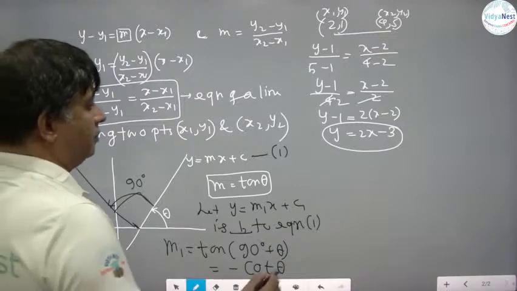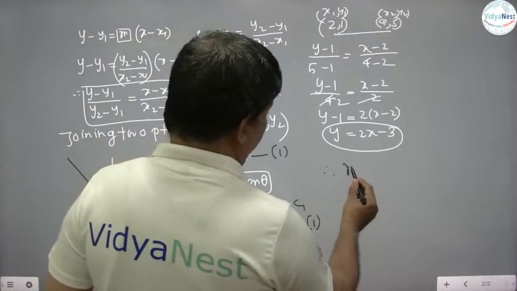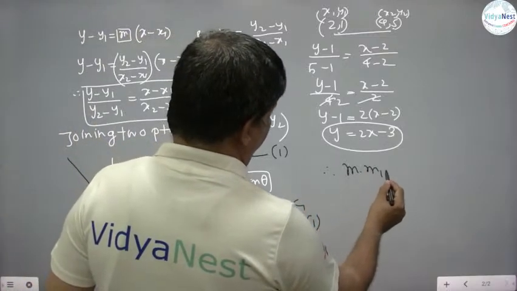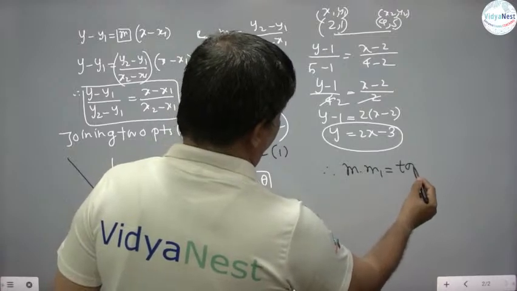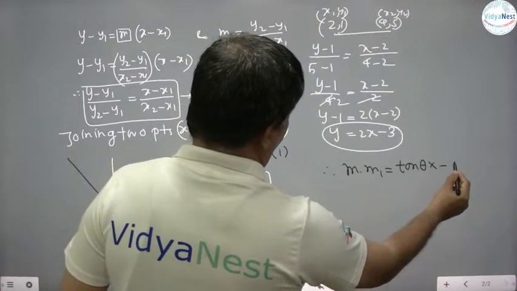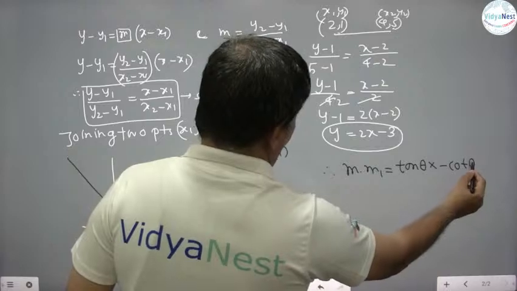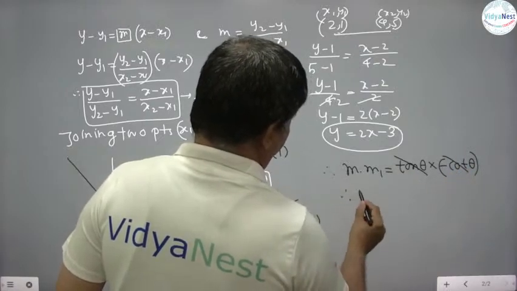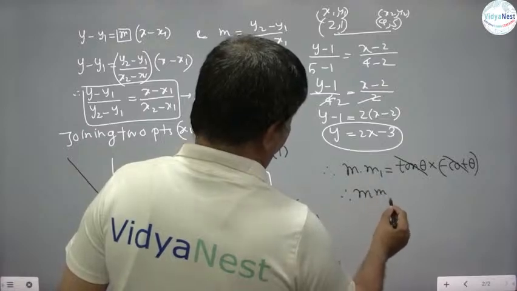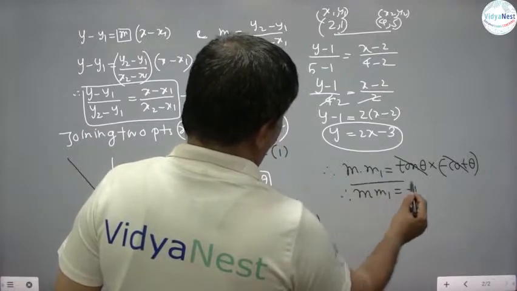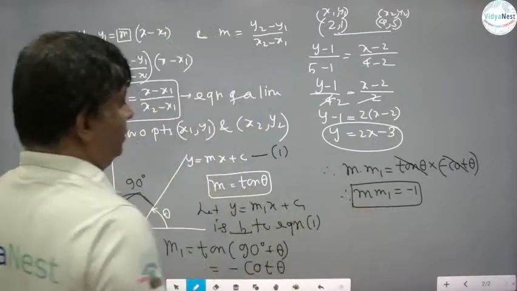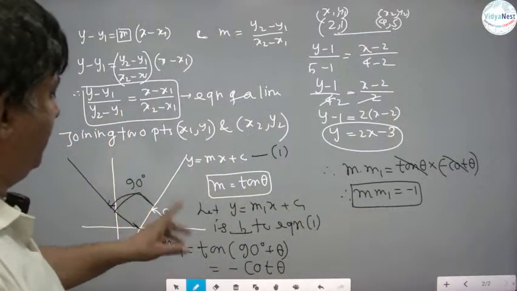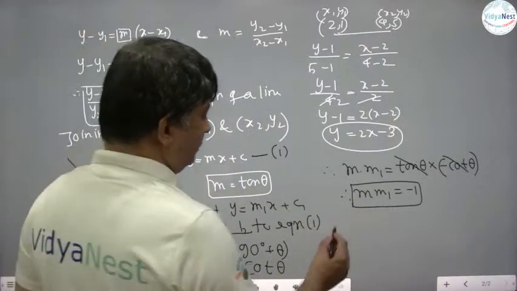So m into m1 is minus 1. This is the condition of perpendicularity of two lines.